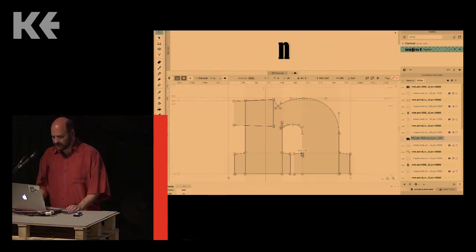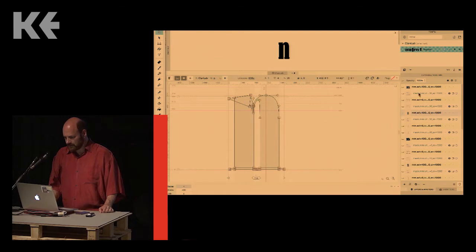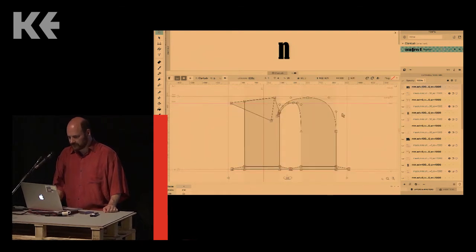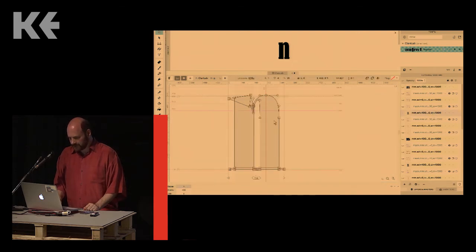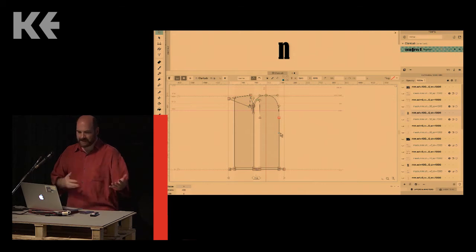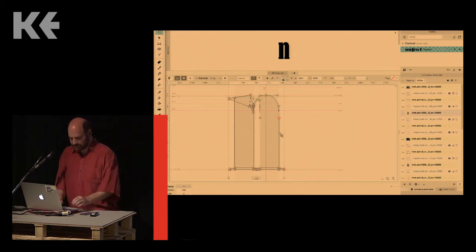So the idea is that there are multiple sets of outlines. And each one of these sets has to be compatible with the others. And they have to have the same points, essentially. But where those points are positioned is what creates the variability. So this point in this master is the same as that point in that master. And then the interpolation magic happens in between.